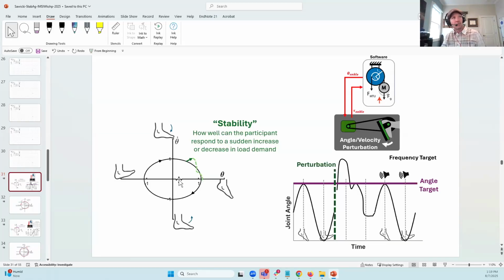That would be like maintaining the distance between the center of this limit cycle and an amplitude, right? So the amplitude in time is the distance between plus and minus theta on this limit cycle. The amplitude in velocity is the distance between the minimum and maximum values on this part of the plot. And again, you can kind of see the cartoon here.